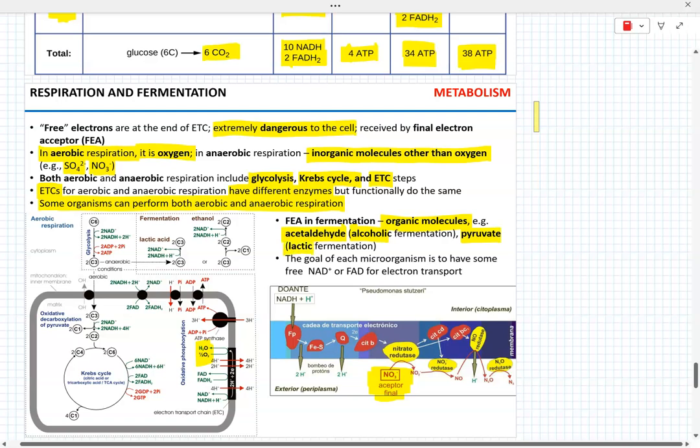You may ask, why do we even need a final electron acceptor? Well, if you think about the role of NAD+/NADH and FAD/FADH2 pairs, their role is to simply carry the electrons. So they don't have to cling to them forever.